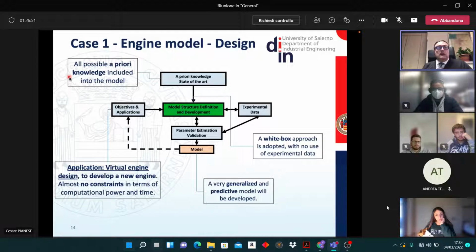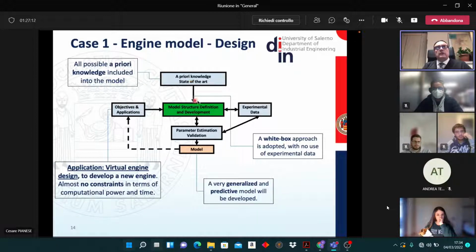So you may imagine, the objective of the design is to have a virtual engine. A virtual engine means that it's something that is able to represent the reality.